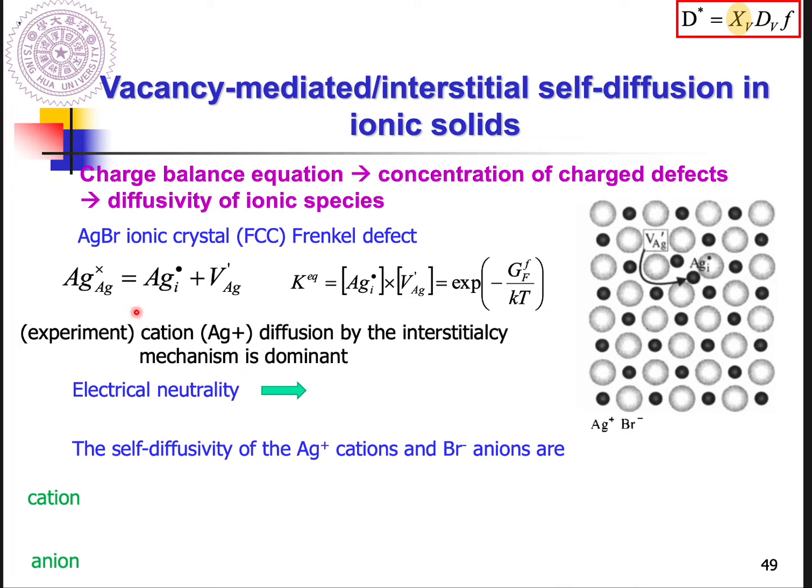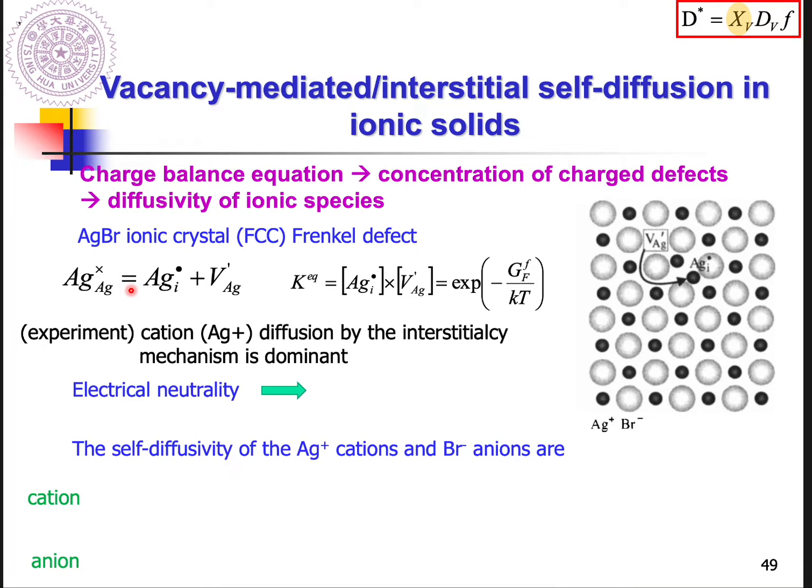So now we can try to write down the equation. Before the formation of the Frenkel defect, the silver ion is at the silver site with neutral charge.